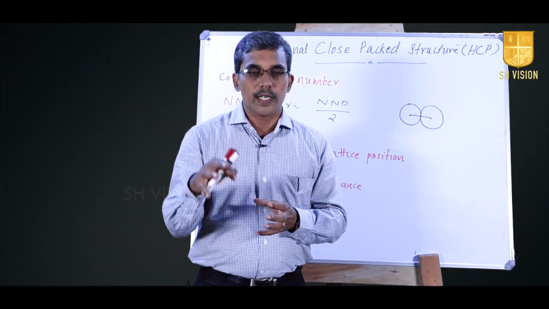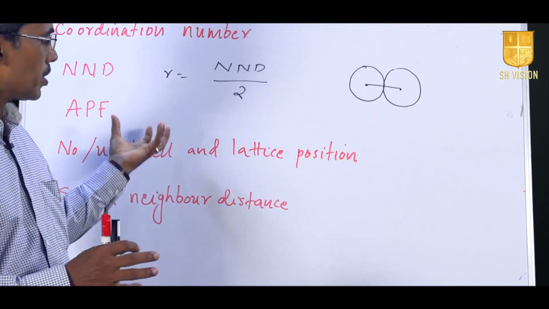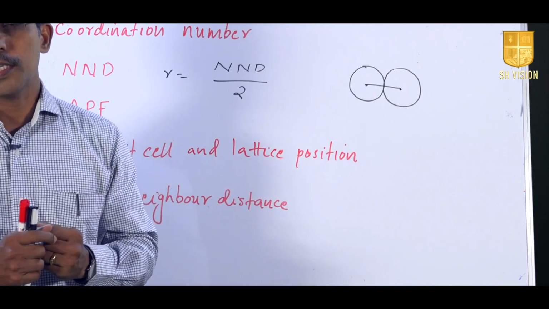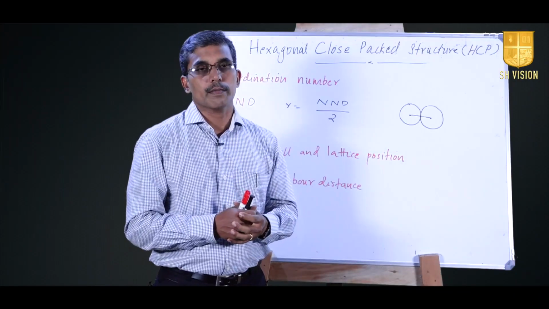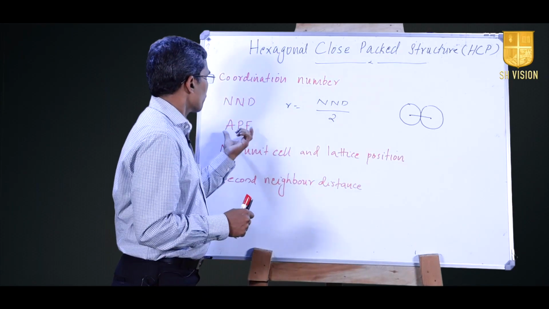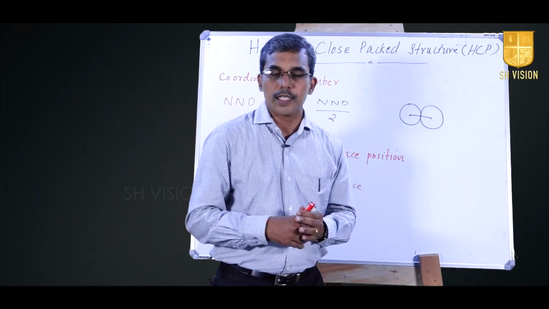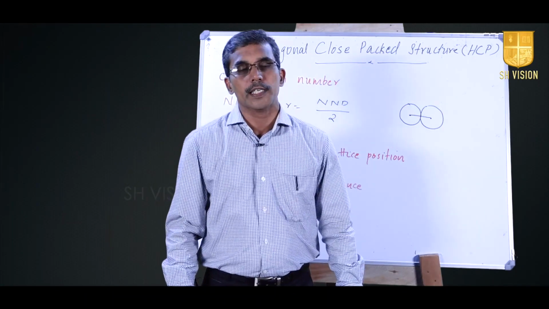If we cannot occupy the entire space, there will be some empty space. The space occupied by the atoms is what we call atomic packing factor. And we got it as 74% for a face centered cubic crystal.